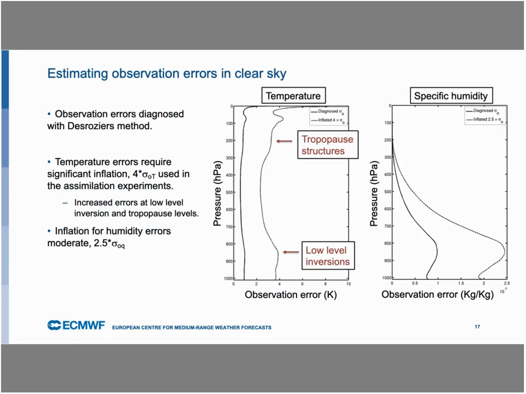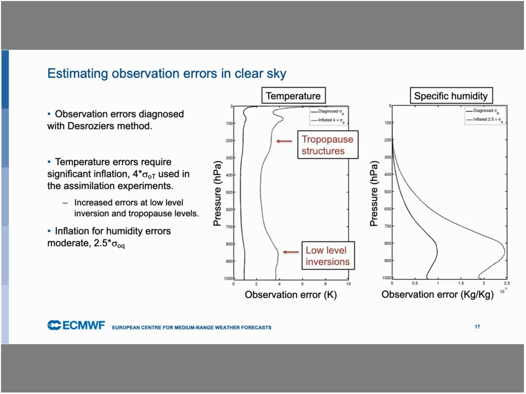And the figures here are showing the observation errors for temperature on the left and for humidity on the right. The solid line is showing the diagnosed observation error, and from the first trials it was very quickly clear that these are too small errors, so we tested many inflation factors for the errors, and resulted to inflating the temperature errors by a factor of 4.